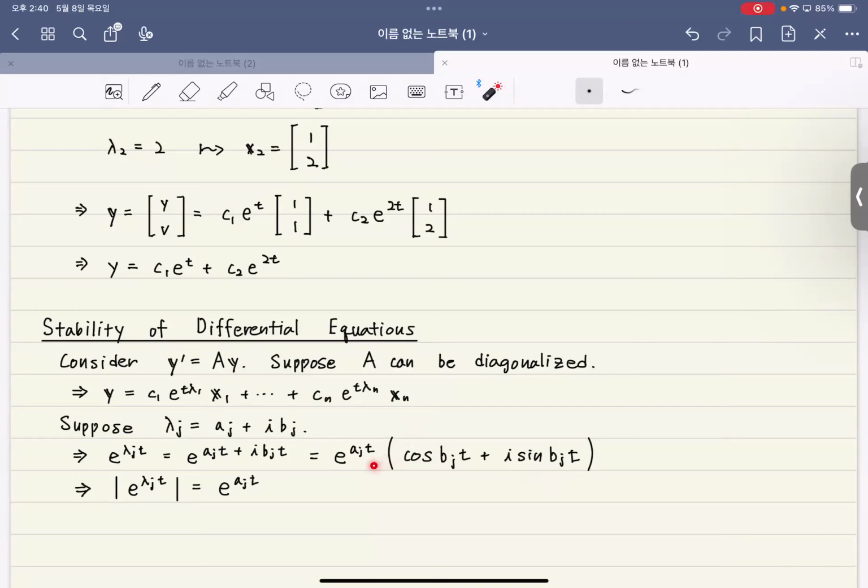The magnitude of this complex number is the magnitude of this factor times the magnitude of that, but the magnitude of the second factor is always 1. So this number itself is the magnitude of this whole complex number, right?